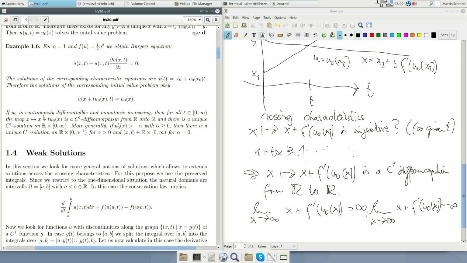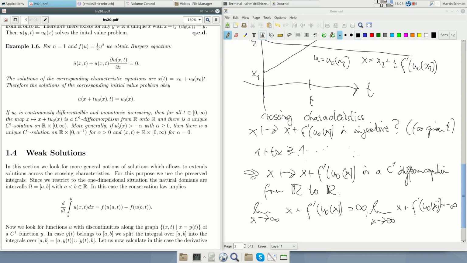If this is continuously differentiable and monotonically increasing, then this is a C1 diffeomorphism from R to R, and we obtain a unique solution. More generally, if this is larger or equal to minus alpha, then we have a C1 solution on such an interval.